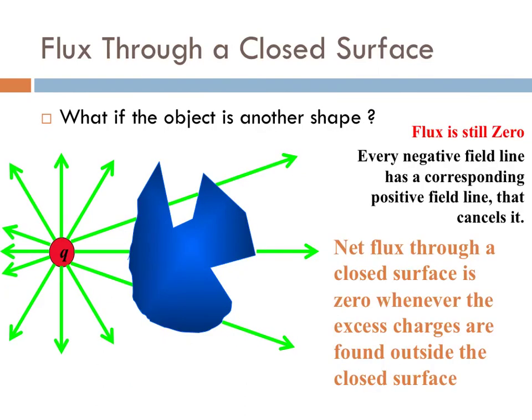Even if our object takes another shape, in this case, my area is not easy to determine, and our electric field strength also changes on the left and the right-hand side. But my flux is still overall 0. So that means that the net flux through a closed surface is 0 whenever the excess charges are found outside the closed surface. That's what this picture is showing, a charge outside of a closed surface.